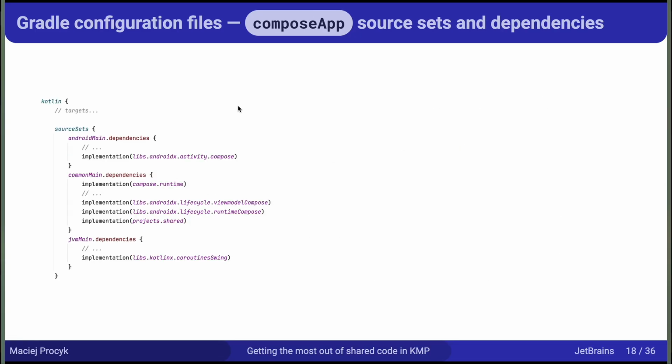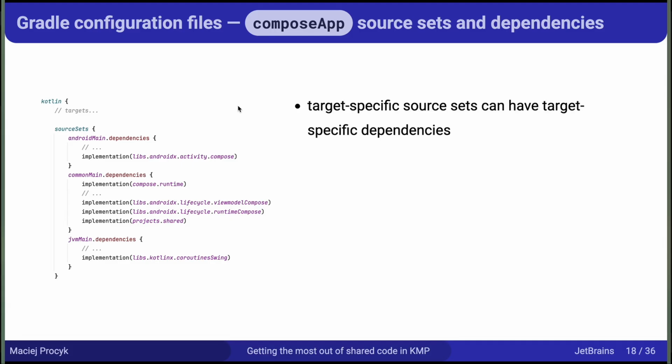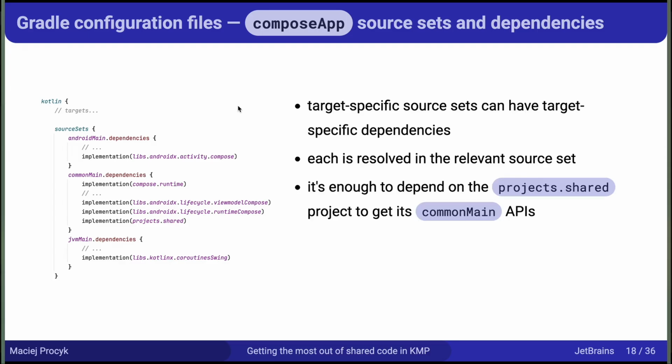The corresponding configuration might get a bit more complicated once you decide to put in platform-specific dependencies. Here on the slide, in the Android main source set, we put the Android activity compose dependency, which glues together the Android and composable stuff.